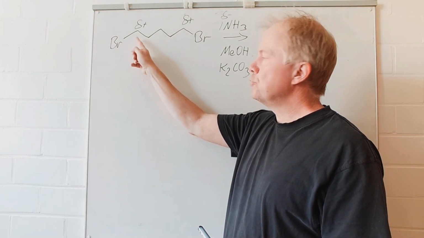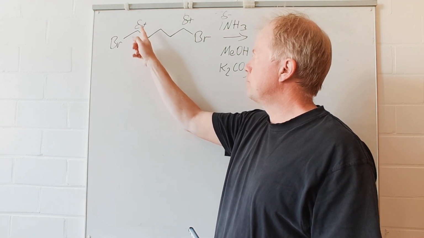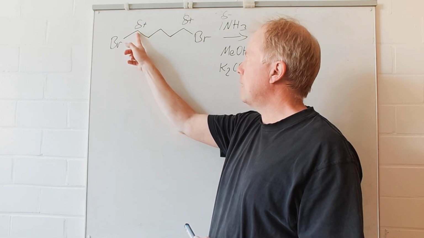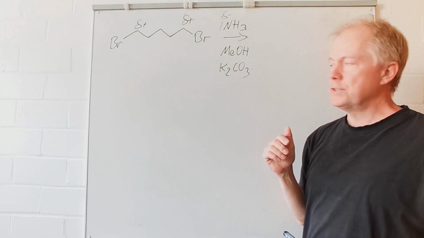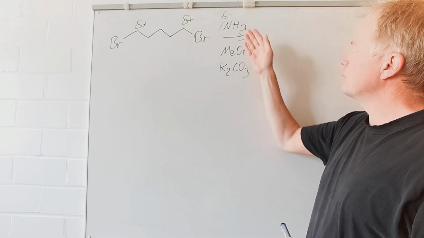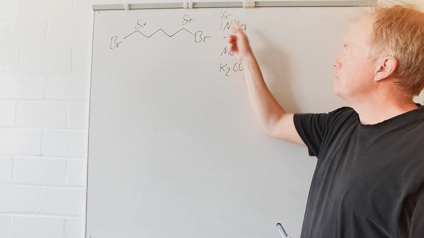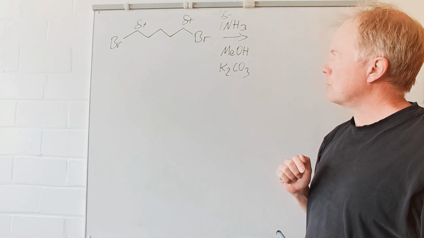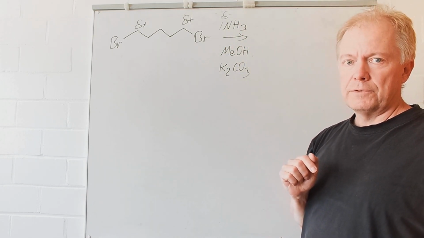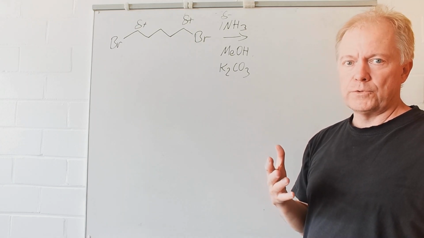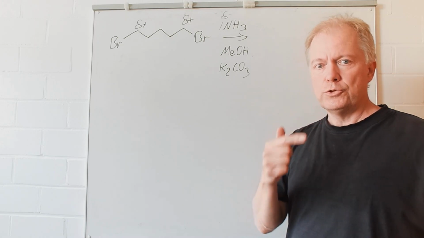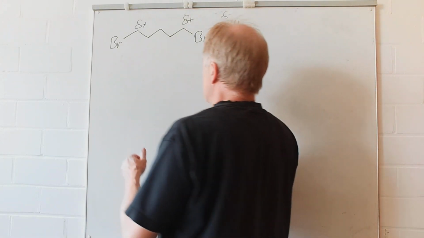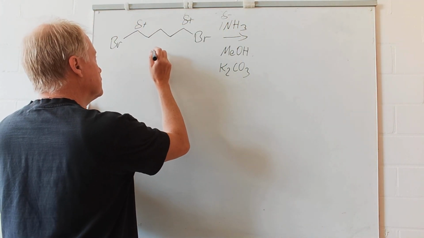We have alkyl bromides with positively polarized carbons, and the best nucleophile in the reaction mixture is of course the ammonia with its free electron pair. The reaction mechanism for the first step is the nucleophilic substitution according to an SN2 process.